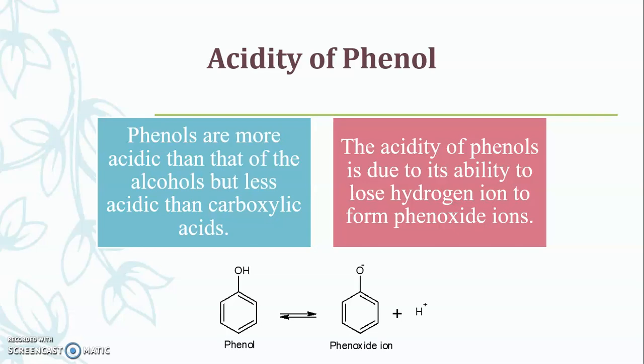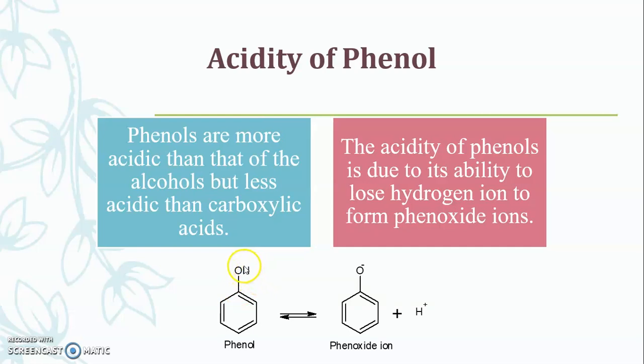Now here we can see in this structure also, that is the third part that we have discussed, hydrogen ions can be easily donated. This hydrogen can be easily lost because if we consider the bond between this oxygen atom and this aromatic system, this bond is quite tight. Also, the bond between oxygen and hydrogen is quite weak.